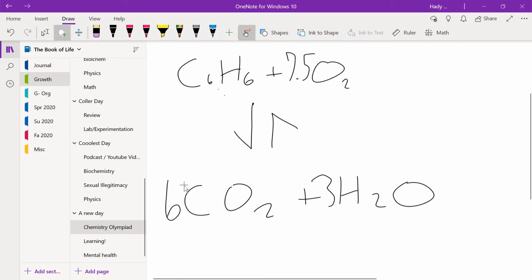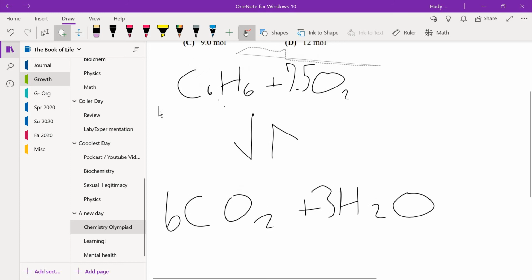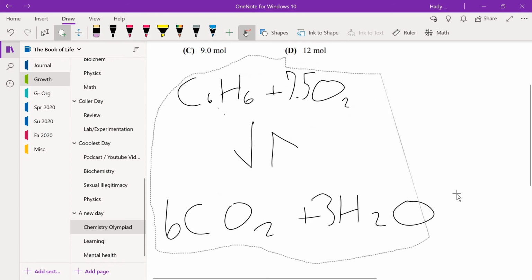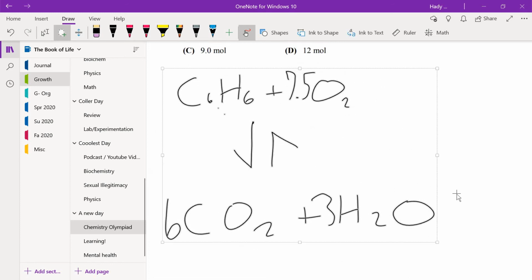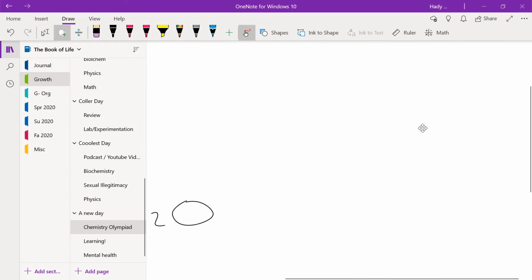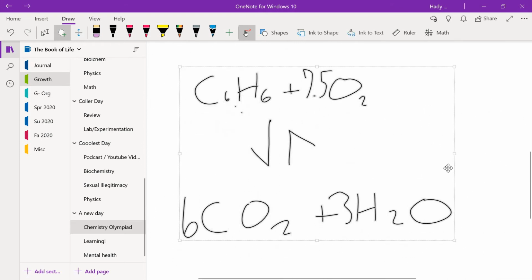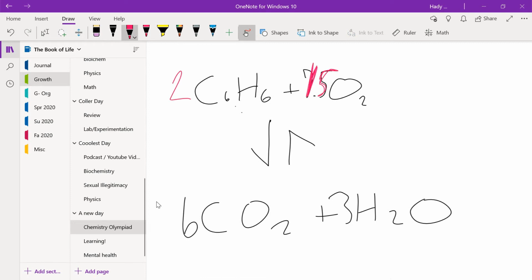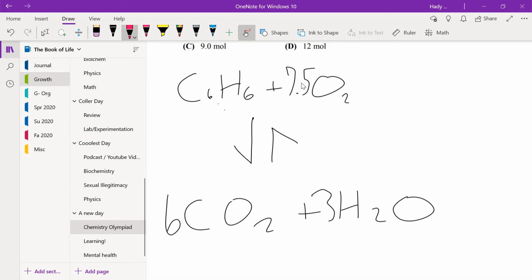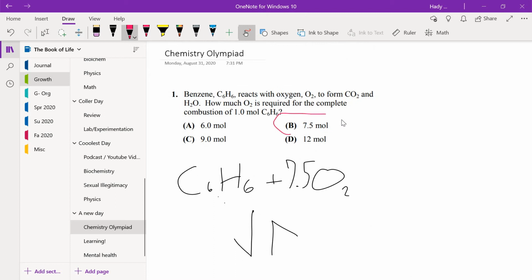So you got the 7.5, but yeah, you can't have half of an atom. So you might be tempted to multiply everything by 2, and you might get this. But I will tell you that this is actually a little bit of a different, tricky question. And the answer here would actually be 7.5.